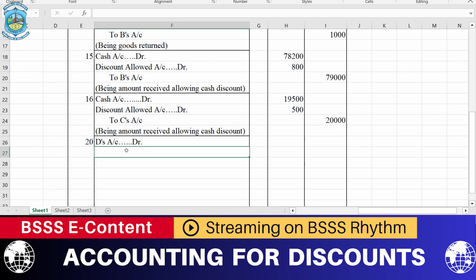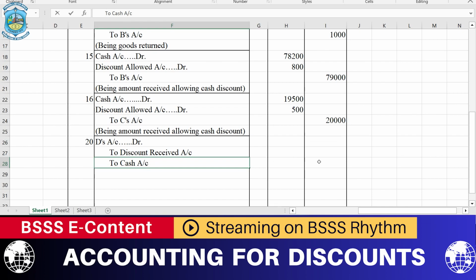And since we have received the discount, this is income for us, and incomes are credited. Thus, we will write to discount received. Okay. So, this shows very clearly that there can be two types of discount. One is when we are allowing discount to the trade receivables, and two, the trade payables may allow us discount, which is called discount received in our books. And since we have received cash, we will write cash account also here.